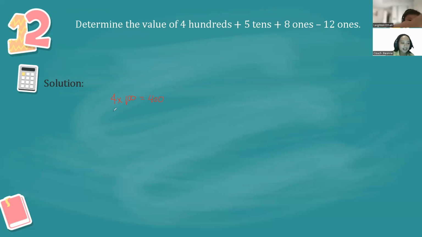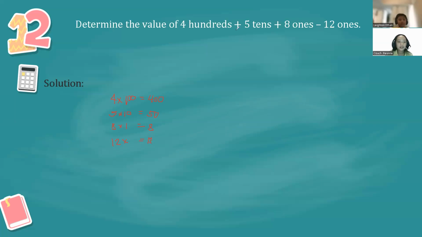And 5 tens, that is simply 5 times 10, and that is equal to 50. 8 ones, 8 times 1, that is just 8. And 12 times 1, that is equal to just 12.